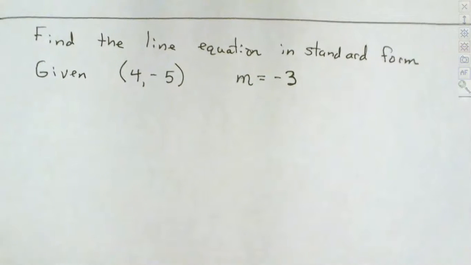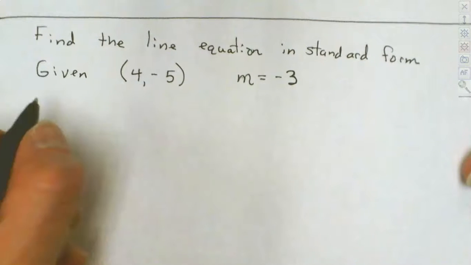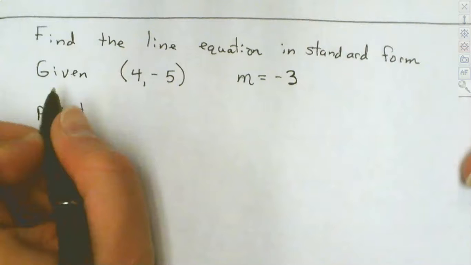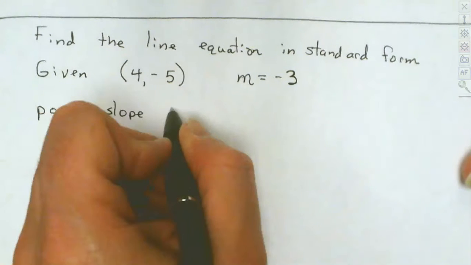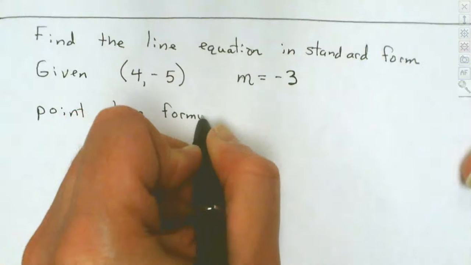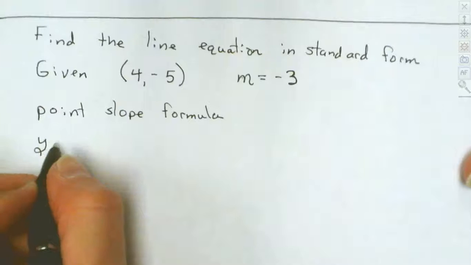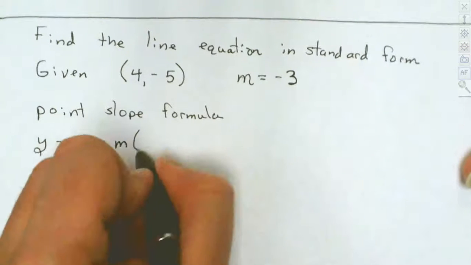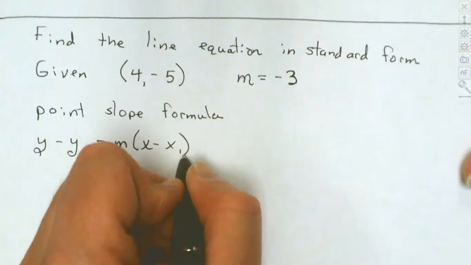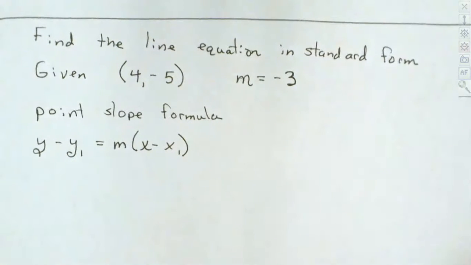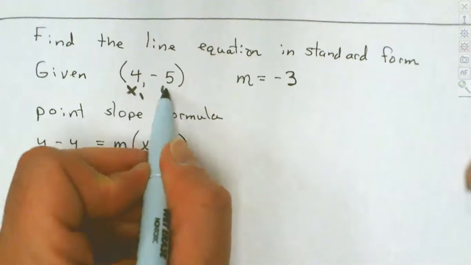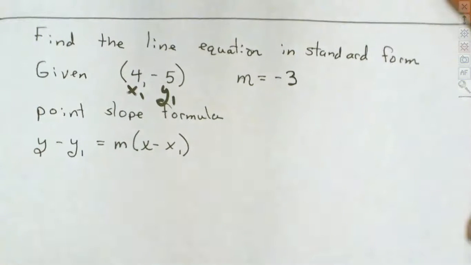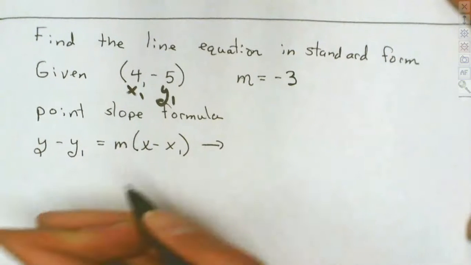So I always like to write up the formula. So we'll start by using our point-slope formula. And your point-slope formula is y minus y1 equals m times x minus your x1. And this is x1, and this is y1 here. Now that we've got our formula, we plug in our values.